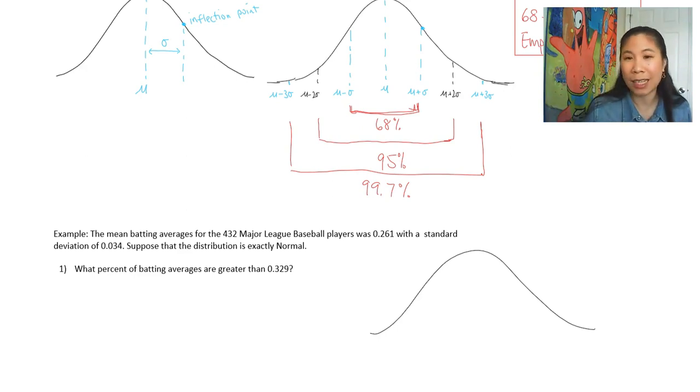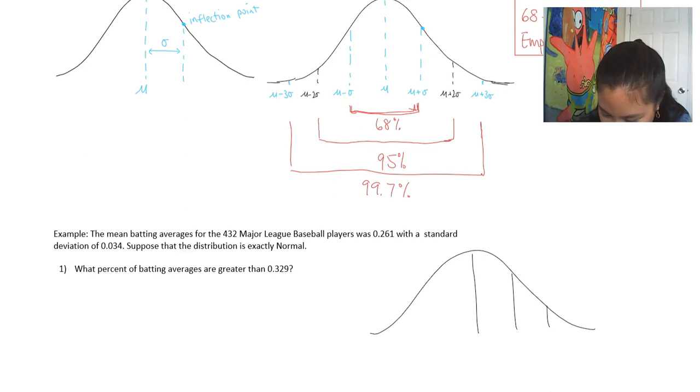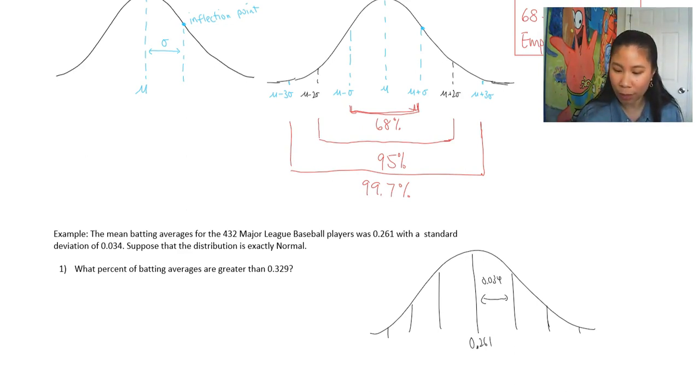So what we want to do first is set up our normal curve so that we know where all the numbers are. So I'm going to draw this out. It doesn't need to be super accurate at this point. We know what it's supposed to look like, and that's good enough. So I have the mean right in the middle, and then we're going to look at the 3 standard deviations on both sides of the mean. So draw 3 lines next to it. They told us the mean was 0.261 and a standard deviation of 0.034, which means to find the rest of my numbers, I want to keep adding and subtracting 0.034 from 0.261.